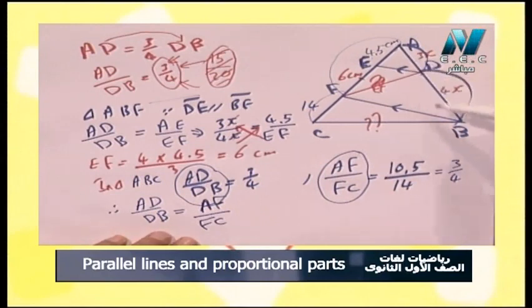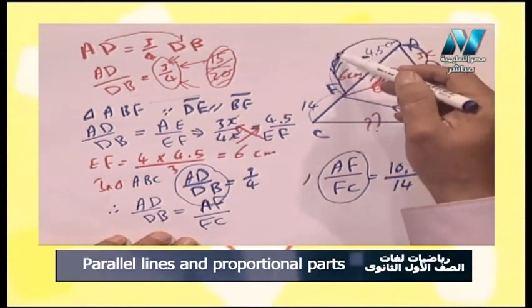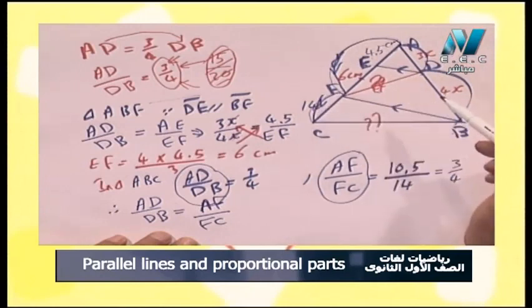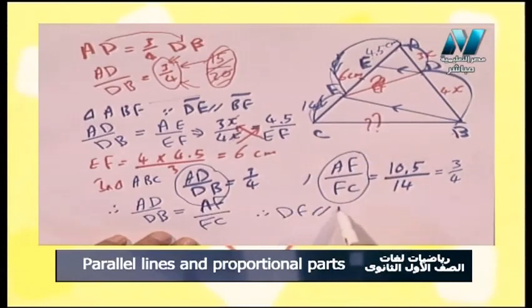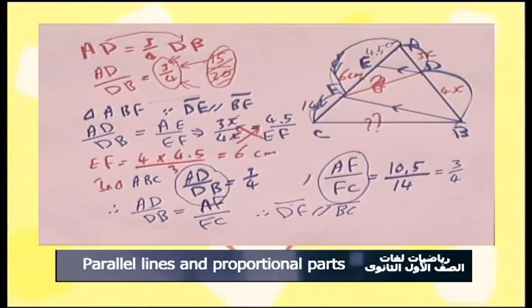AD over DB equals AF over FC. So we can deduce that DF is parallel to BC. Even the drawing is like that. Okay, we can go to another example.